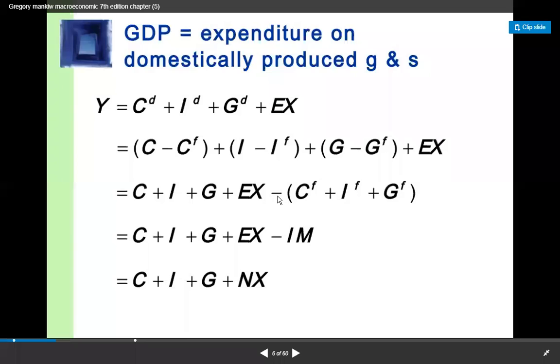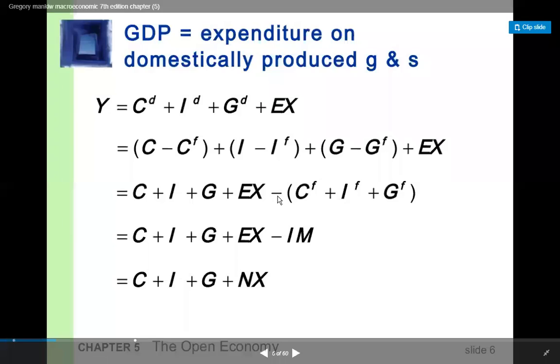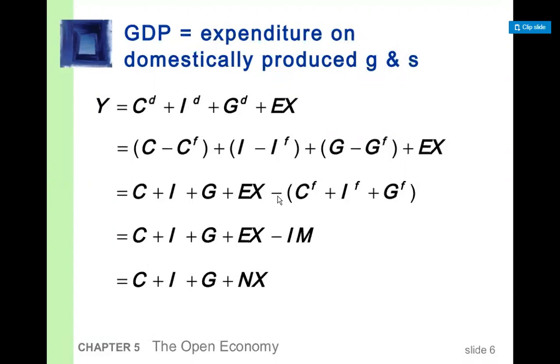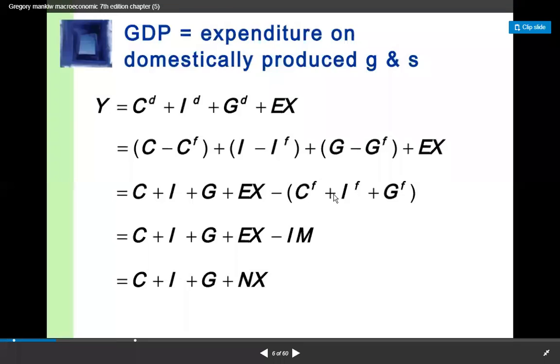Now we get negative sign common, then combine all CF plus IF plus GF. When we open this term, it will be minus CF minus IF minus GF.